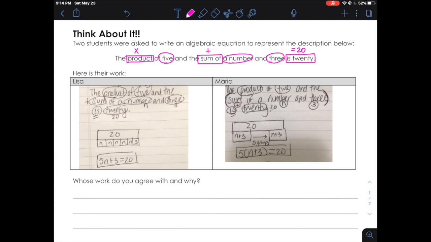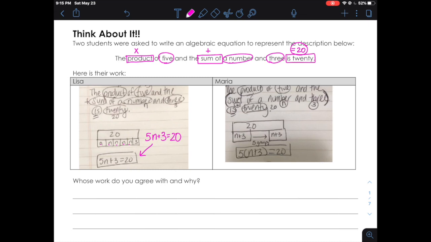So let's look at each of the work that they produced. Let's look at Lisa on the left. She drew her total bar, which was 20. That is correct because with multiplication, that one is directly behind the equal sign. So it looks like they both did that correctly. Lisa drew 1, 2, 3, 4, 5, 5 ends, and then she also added a 3, and that's supposed to equal 20.